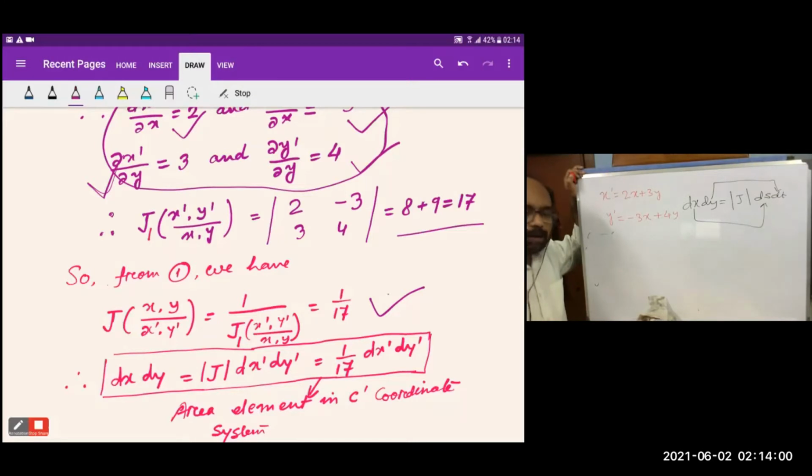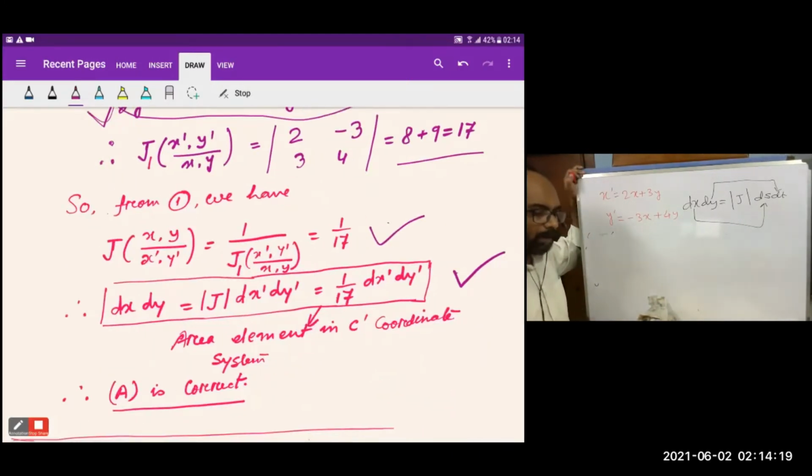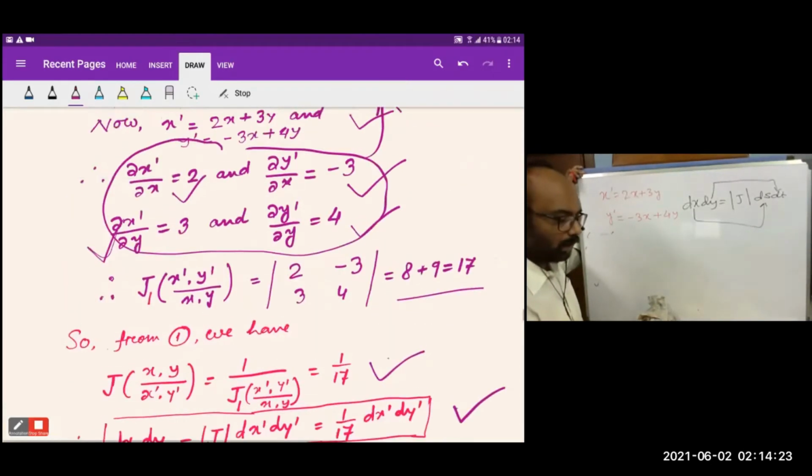Therefore, dx dy is equal to the absolute value of J times dx dash dy dash, which is 1 by 17 dx dash dy dash. So that is the area element in C dash coordinate system. So option A is correct.